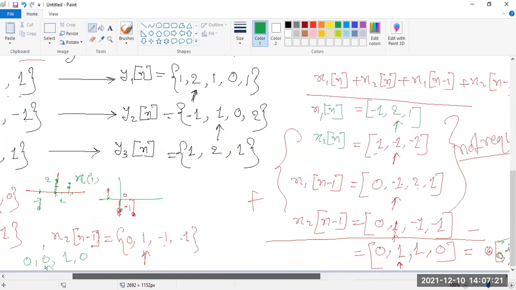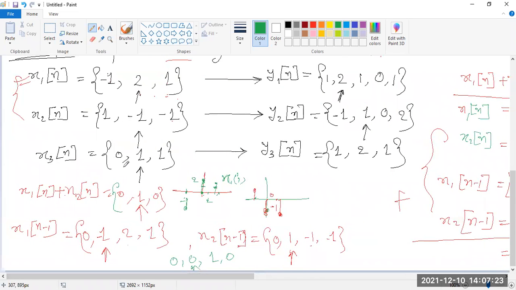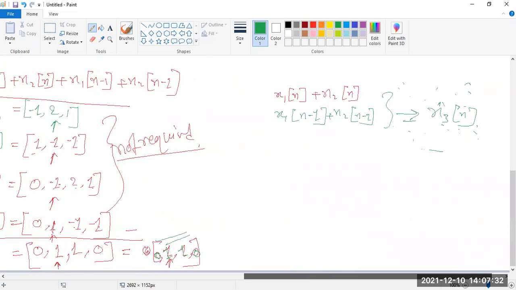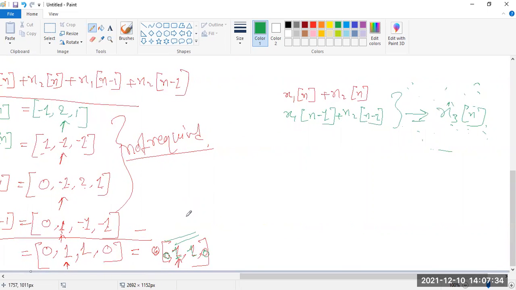How is it coming? You can see that it is 0 1 1. Okay, so x3 is coming 0 1 1. Look, that is 0 0 1 and 1. This 0 is not required, but we just resemble it with this 0 1 and 1.